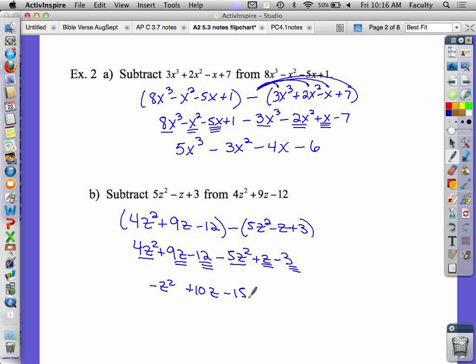All right, check it with the board. Did you get negative z squared plus 10z minus 15? Okay, super.